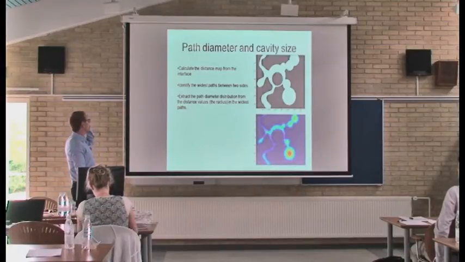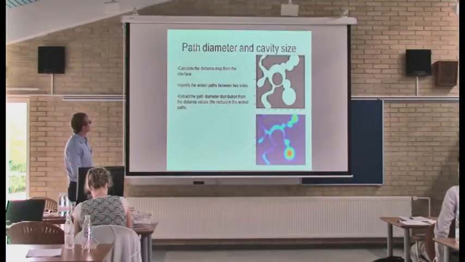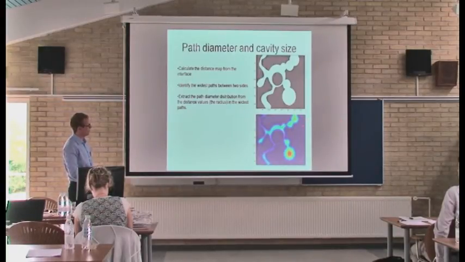Here's another example of calculating the path diameter throughout the structure. Here I can use the fast marching method to calculate a distance map, this time from the boundaries or the interface of the structures. And so at any location here, the value represented in the color code actually represents the shortest distance to the interface in the structure.